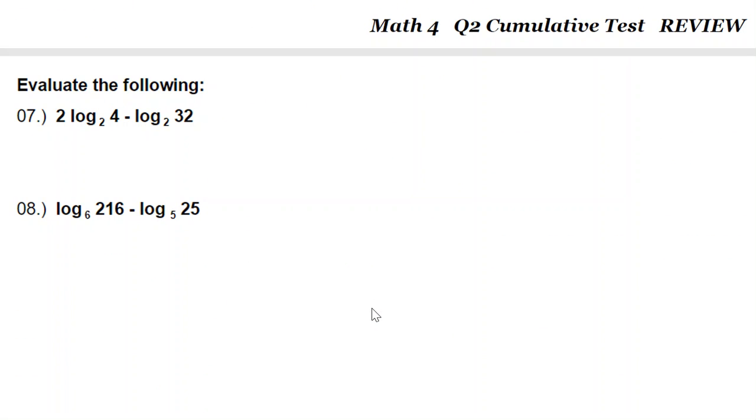Now here we're just simplifying it down to a number that we can deal with. Let's start with the square goes to the 4, which 4 squared is 16.